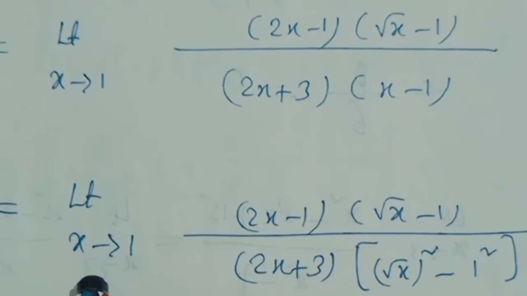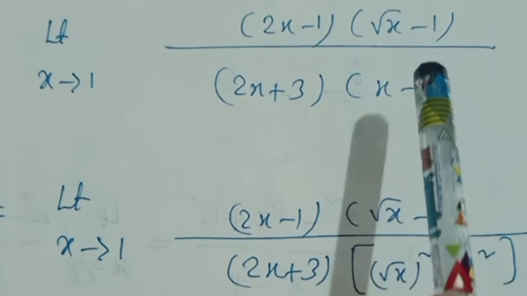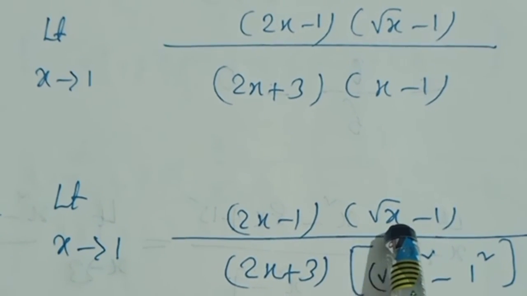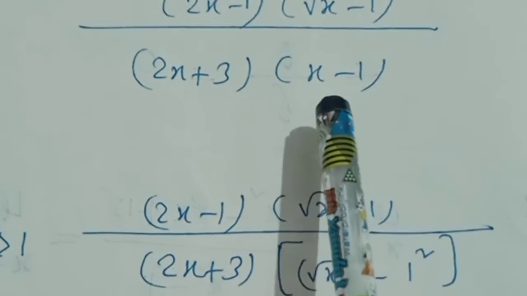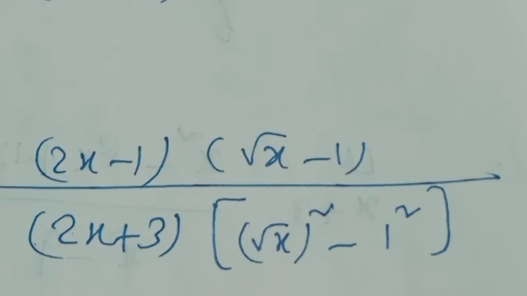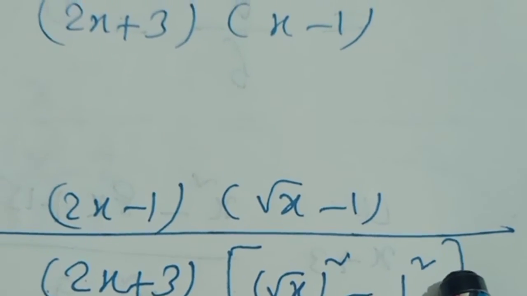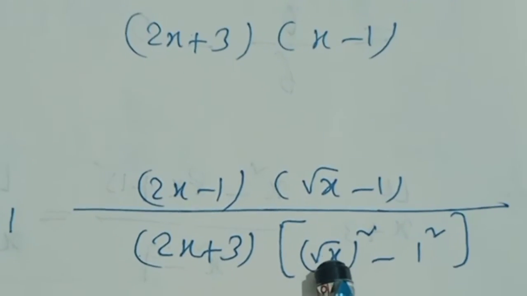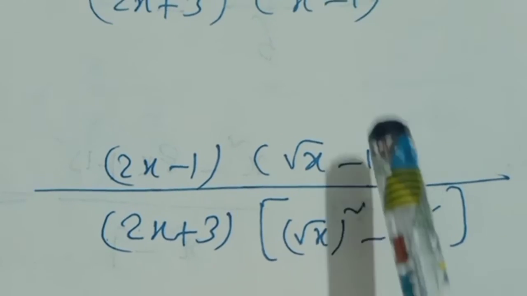Next, limit x tends to 1, 2x minus 1 into square root of x minus 1 in the numerator, and 2x plus 3 in the denominator. Here x minus 1 is there, no? So we write it as x minus 1 equals root x whole square minus 1 square. Root x whole square will be x, and minus 1 square is equal to 1.